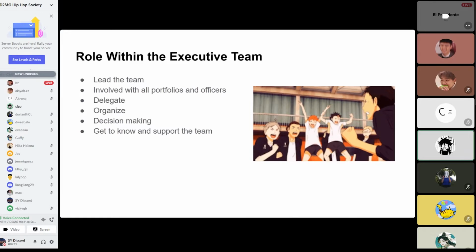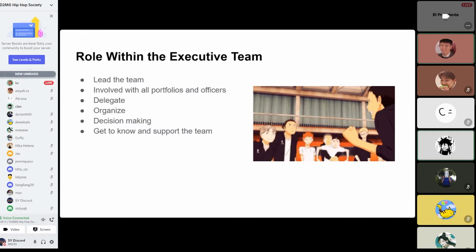You have to be fairly organized and understand what each portfolio is doing. And there's a lot of decision making. Being the head of the executive team, a lot of the decisions lie in your opinion.